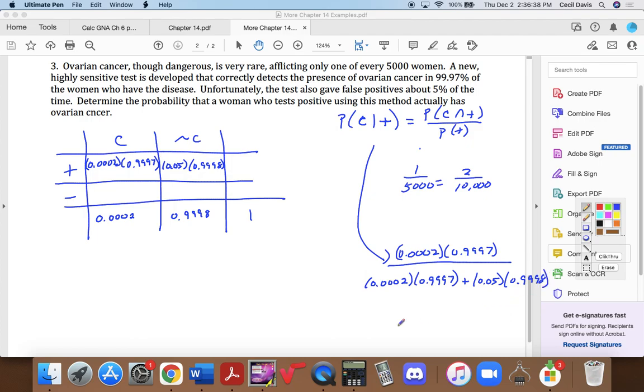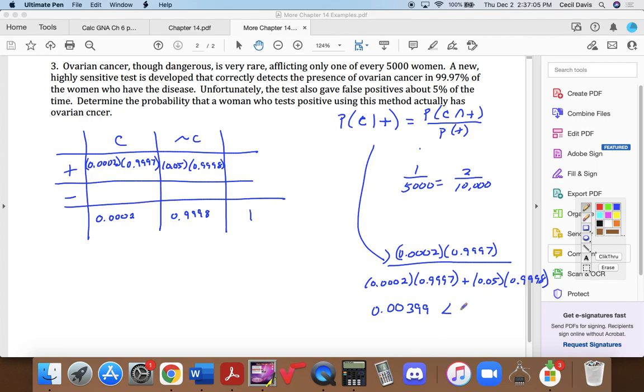So that comes out to be 0.00399996. I think I did it wrong actually. I think I put a 7 for a 9.